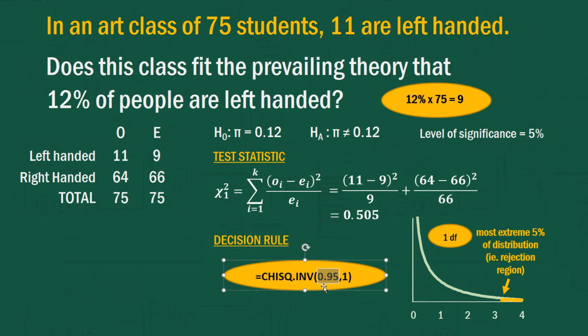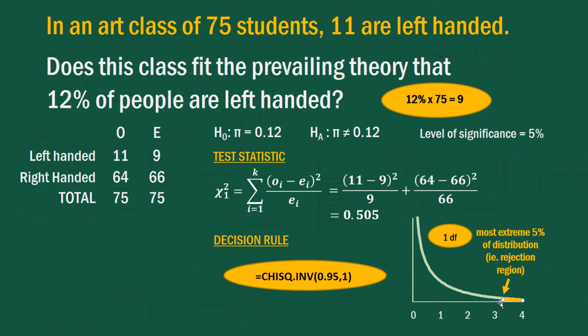I have to put in the probability first, which happens to be 0.95. It's not 0.05 like a 5% level of significance. It's actually 0.95 because the way this formula works is that it always expects the probability to the left of a particular value.